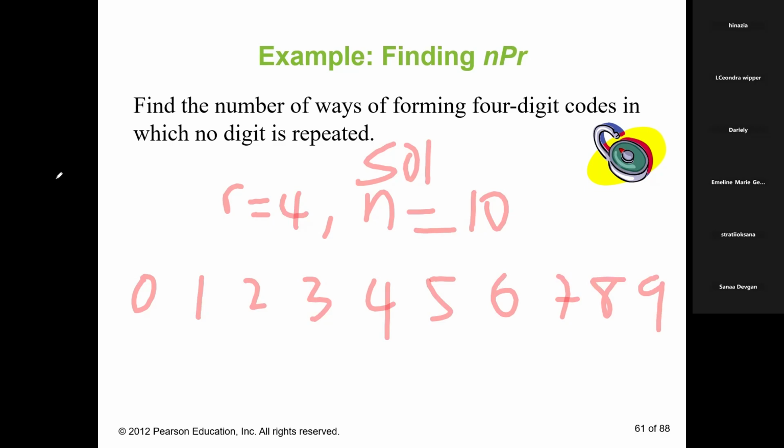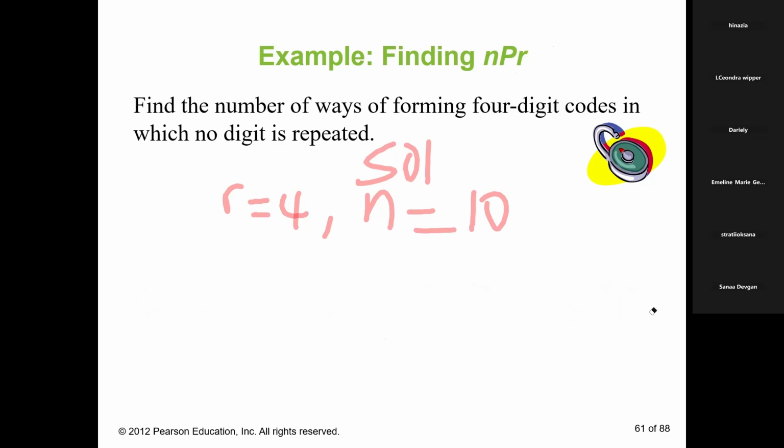Very simple here. What you're going to do here, you're going to use permutation because you cannot repeat a digit, okay? So you use permutation here. nPr is n factorial over n minus r factorial.